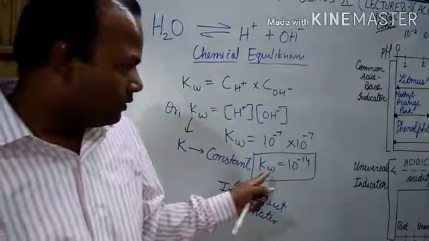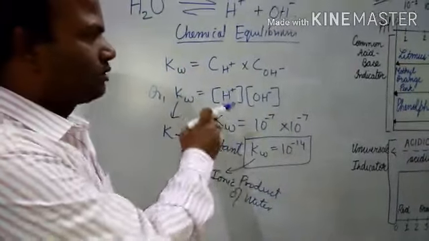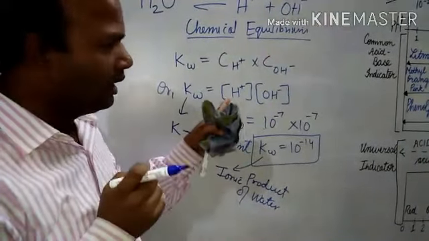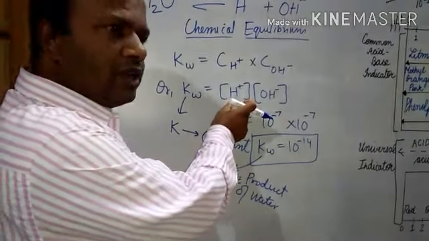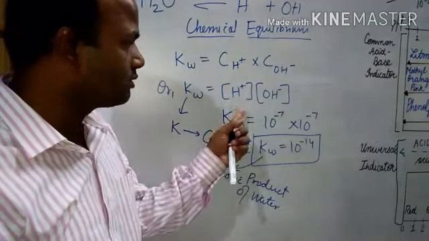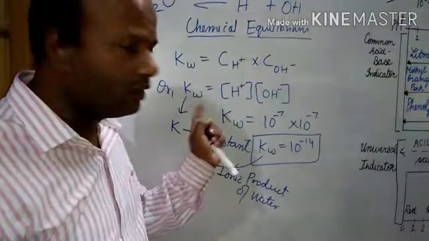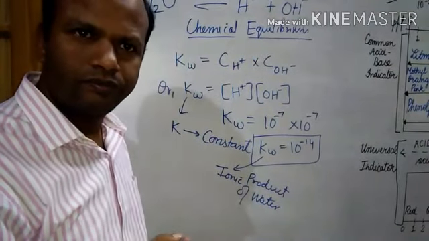Now Kw is equal to the concentration of H plus into the concentration of OH minus. When an acid is added to water, the H plus ion concentration increases, and since Kw is constant, the OH minus ion concentration has to decrease to maintain it.